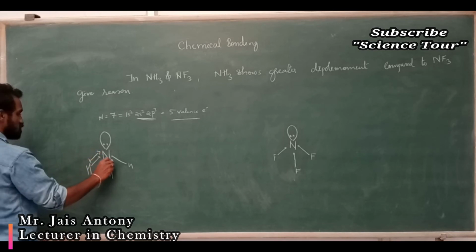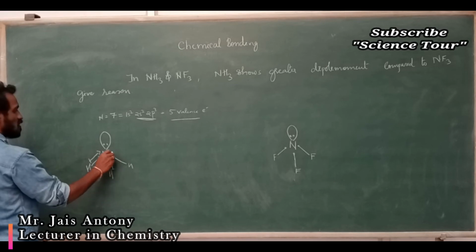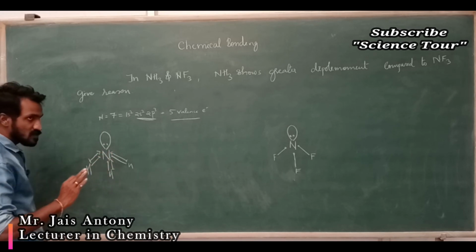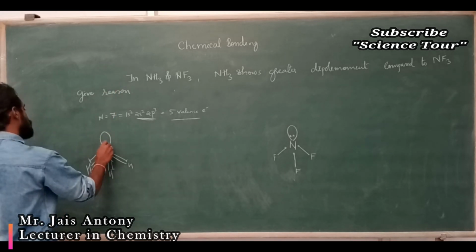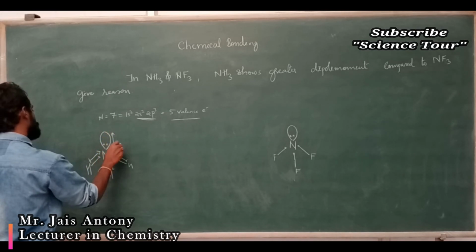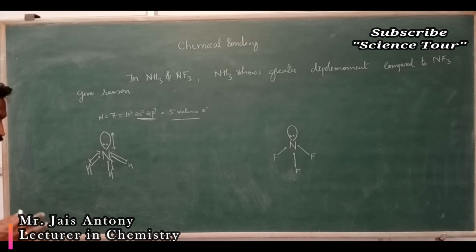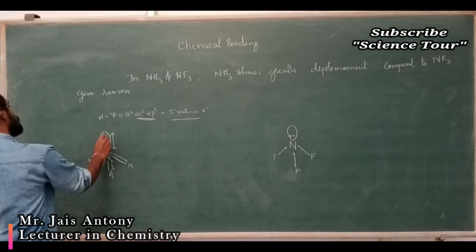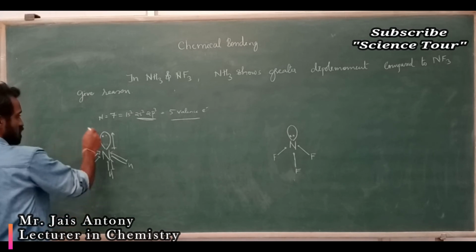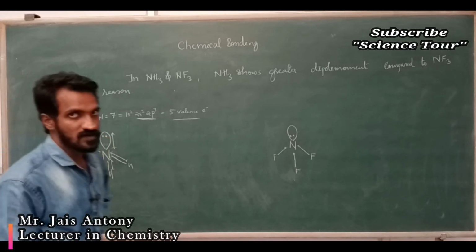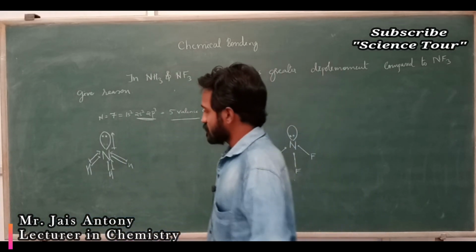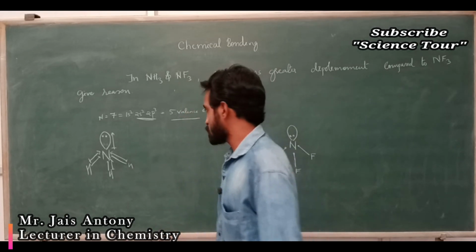And all of these together move towards the lone pair of electrons, because the atomic orbital contains a lone pair of electrons. So what you can see in this, my dear students, I will explain. I will write here.